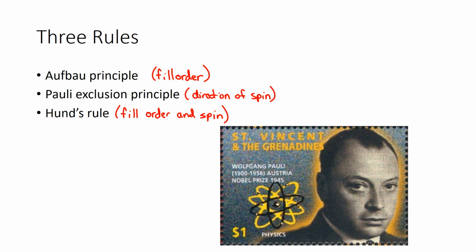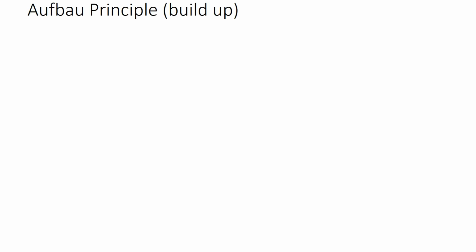As we're looking at these, I'm going to take each one individually. I'm going to start with the Aufbau principle. The word Aufbau is a German word that means build up or create. Directly translated, it's kind of like counting in order.